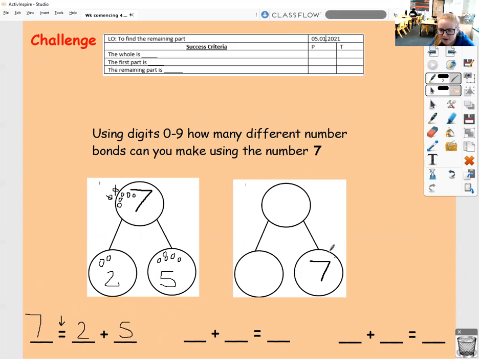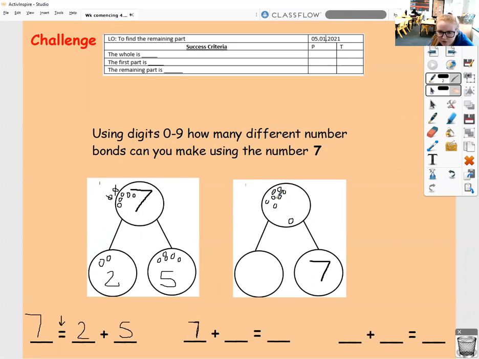I've also got my 7 down here. So this time it's one of my parts. My first part is 7, but I want to know what my whole and my remaining part is. I need to draw 7 counters up here. 2, 3, 4, 5, 6, 7. I'm also going to draw one more.